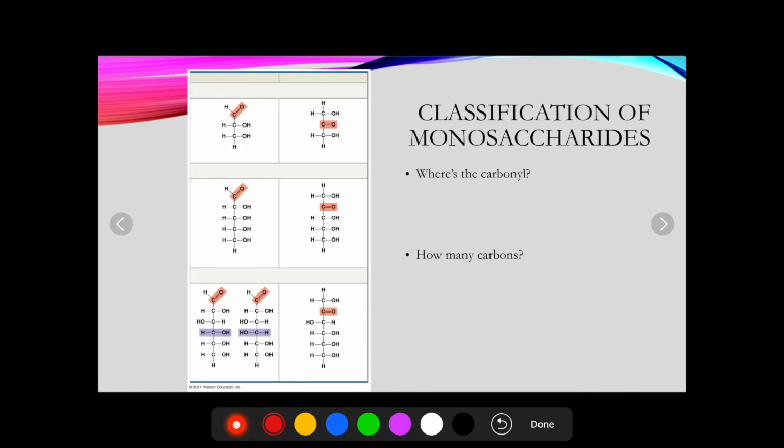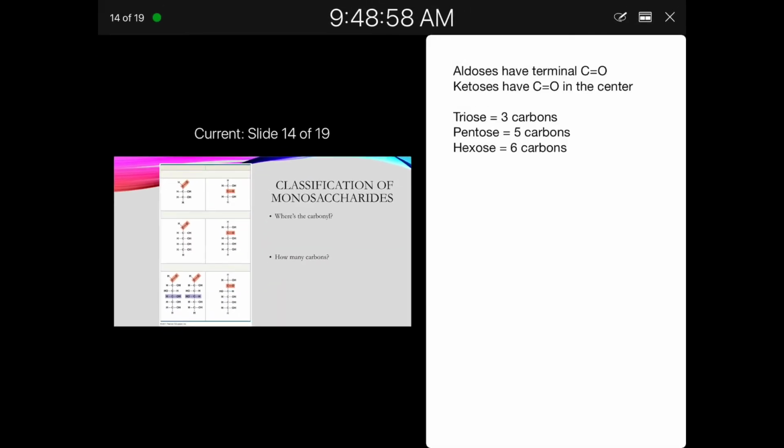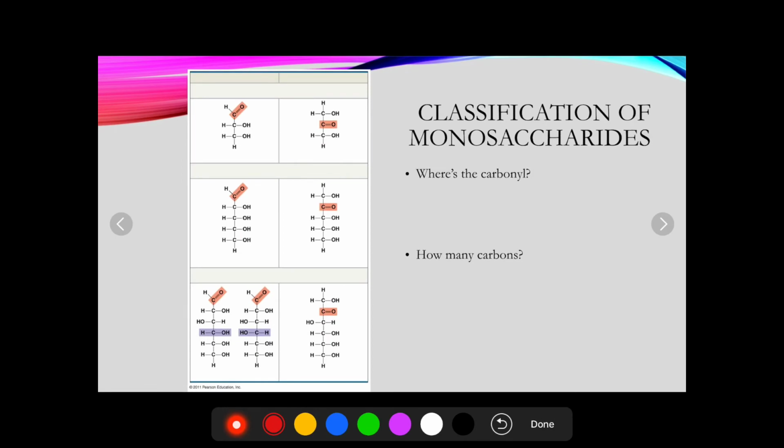All right. So when we take a look here at the classification of different monosaccharides, two things are going to be important. First of all, where's the carbonyl? Remember, the carbonyl is going to be the C double bonded to O. And so if that C double bond to O is at the terminal end, this is going to be an aldehyde.